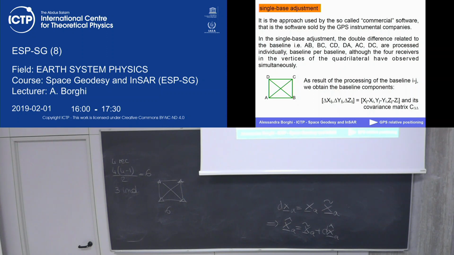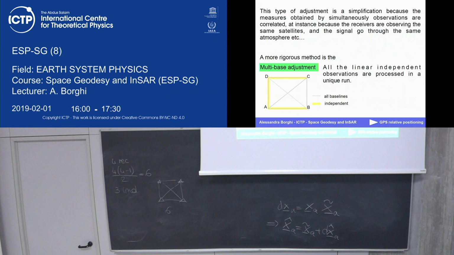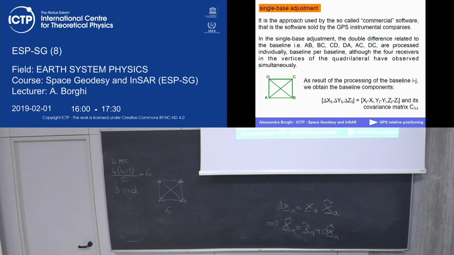So if you have, for instance, a square, we can build 6 baselines. You can process every single baseline in the single base processing, but at the end it's not correct, because you have to process just the independent ones.